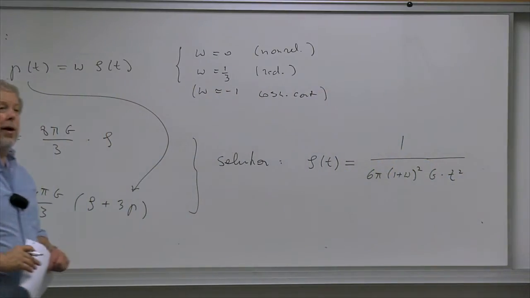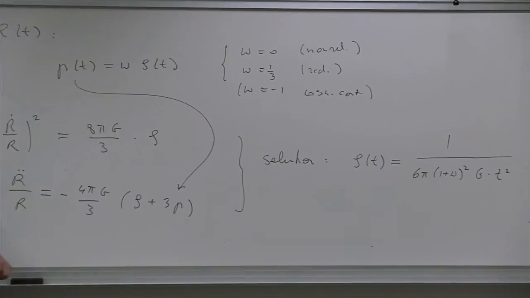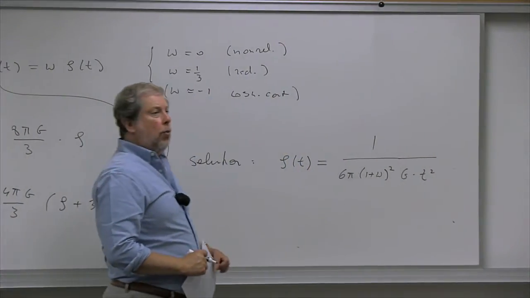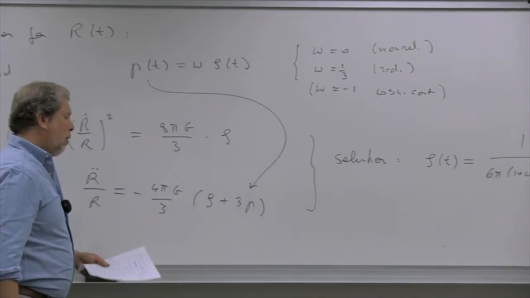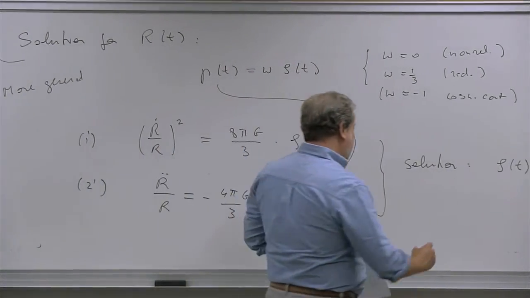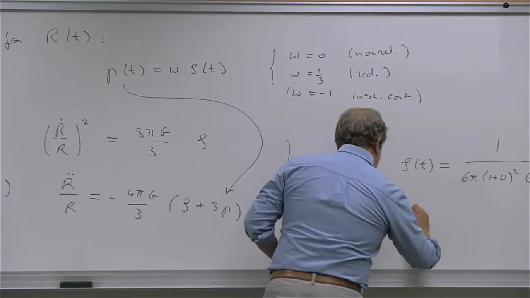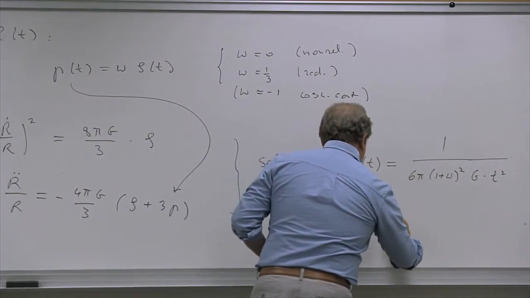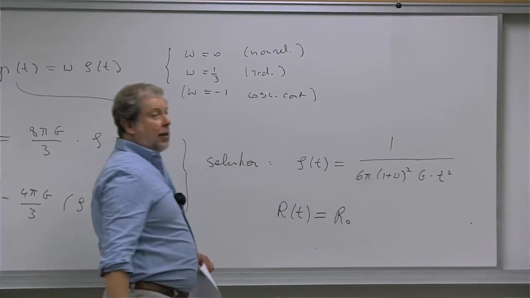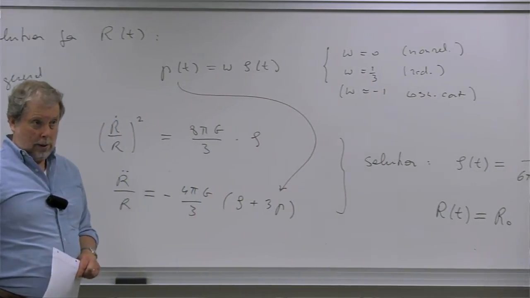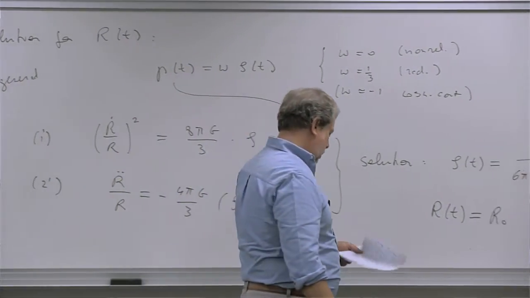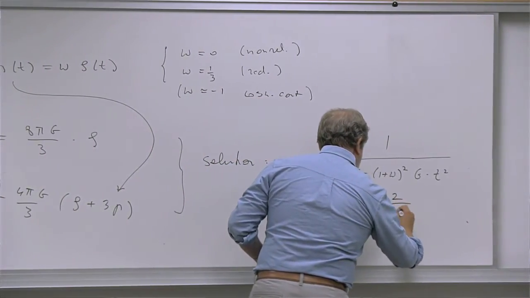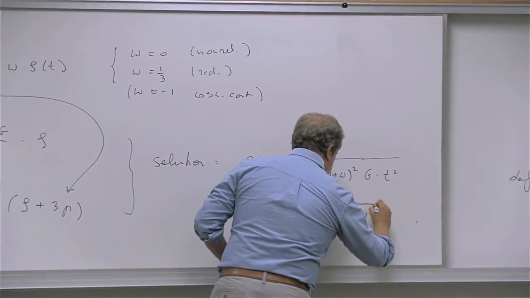So in all these three cases, no matter what w is, the density always goes down like 1 over t squared, where t is this Friedmann-Robertson-Walker time. And R of t also is completely determined. R of t is equal to some constant, right? Usually we take this constant to be 1 at t equal t naught, and then times t to the 2 divided by 3 times (1 plus w).